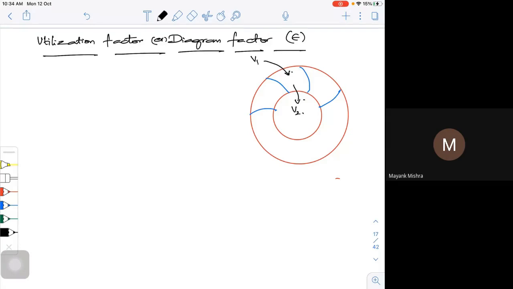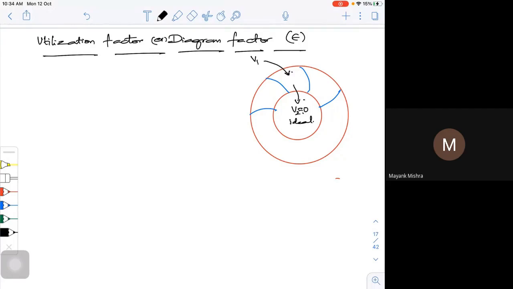Now, what is the ideal condition? The ideal condition is that the fluid enters at V1 and is completely converted so that V2 is 0. My complete kinetic energy, or whatever energy is coming in, should be utilized. That is the complete conversion of your energy.